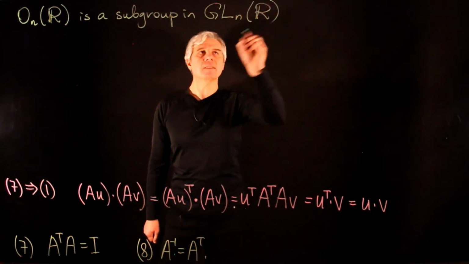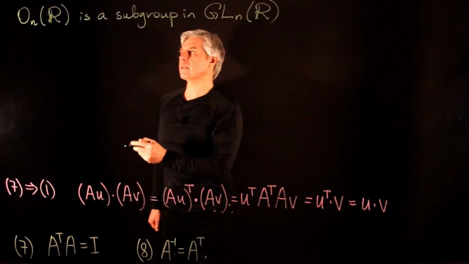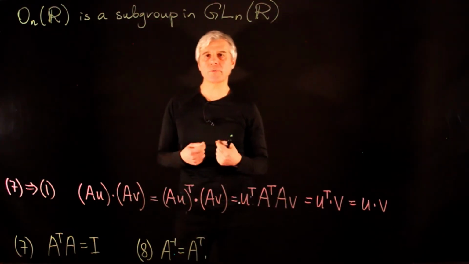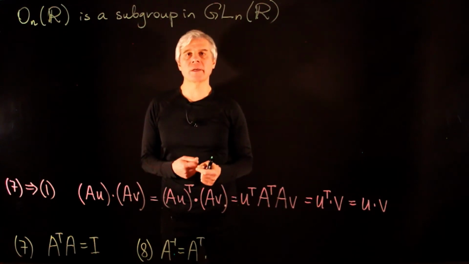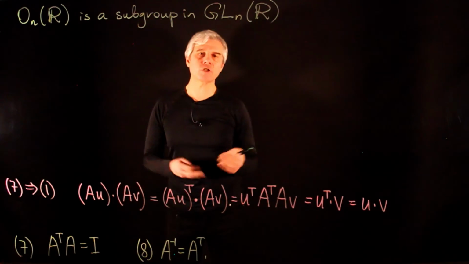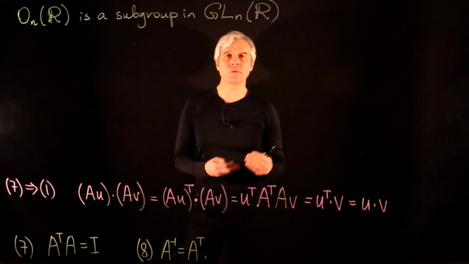So this means that this set is closed under multiplication and inversion. Indeed, if we have two linear transformations that each preserve the lengths of vectors, then their composition will also preserve lengths of vectors.